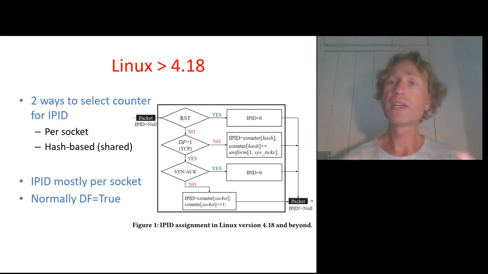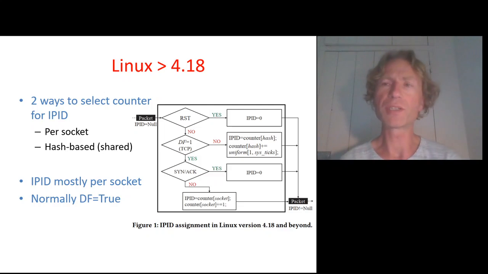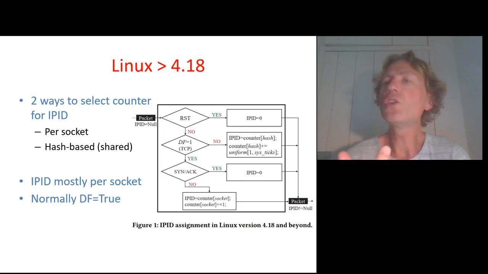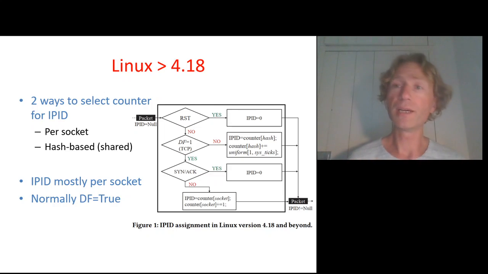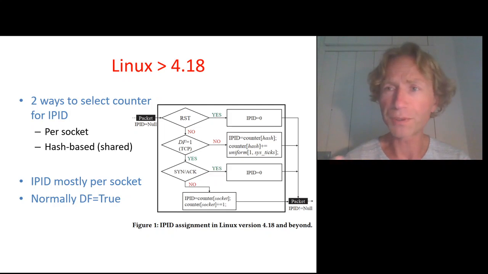So you hash based on some information that we'll look at in a minute, and then you pick one of those counters, and that's the counter that you're going to be using. And that means that you may not be the only sender, the only information transfer that uses that same counter.